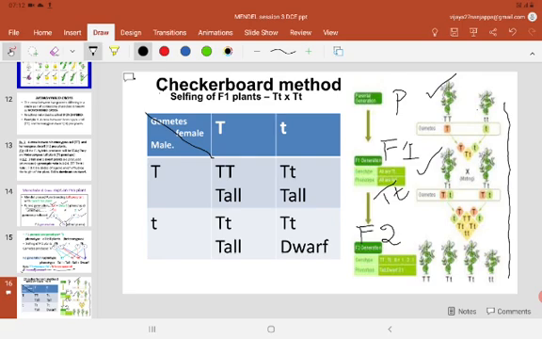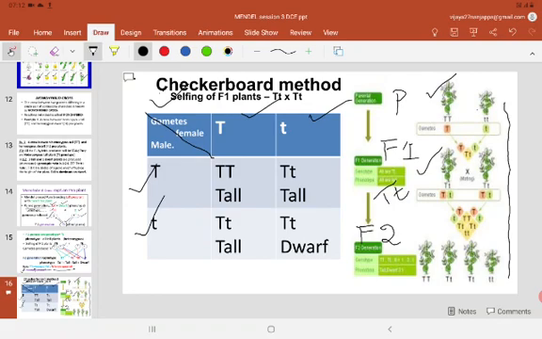One capital T, that is homozygous tall, 2 heterozygous tall, and 1 homozygous dwarf. That is, selfing of F1 plant is also represented using the checkerboard method, wherein the female gametes are written on the x-axis and male gametes are written on the y-axis.